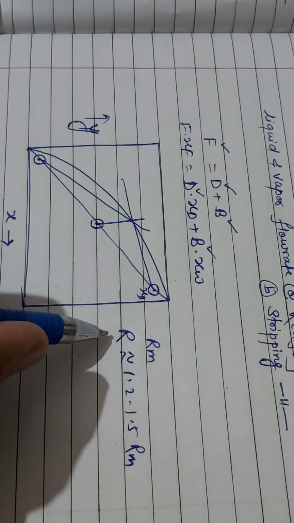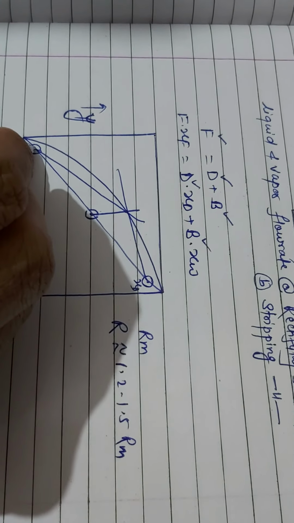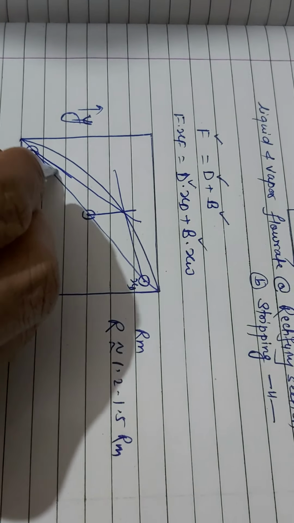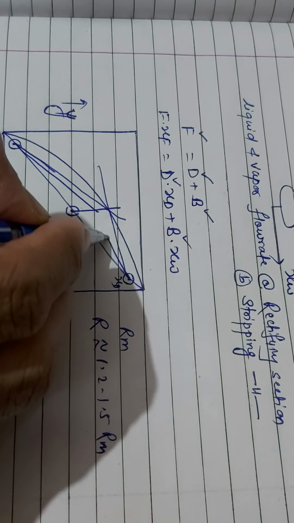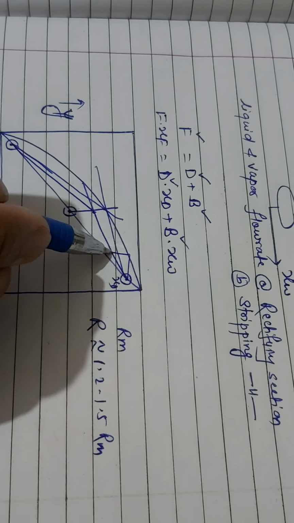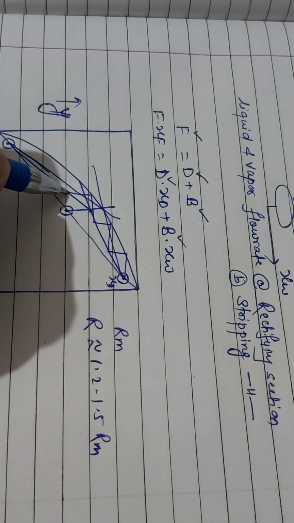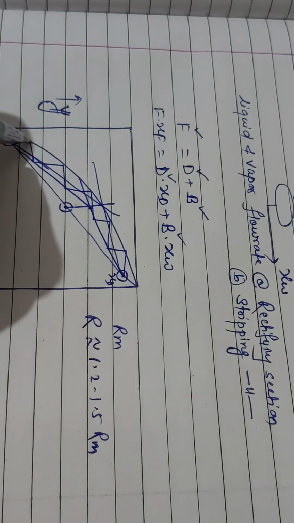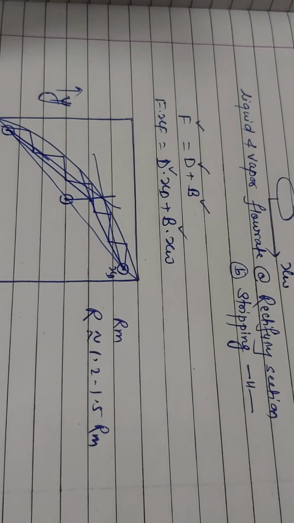Now with the actual R, you find the new operating line, and then you find the number of stages. Okay.